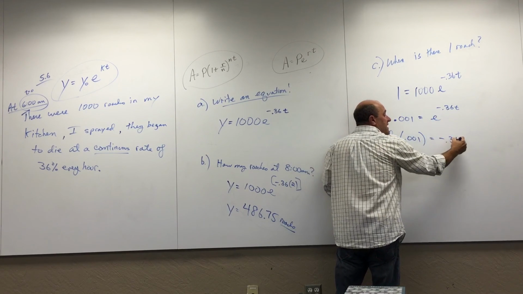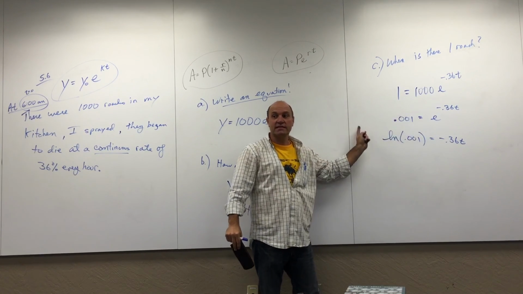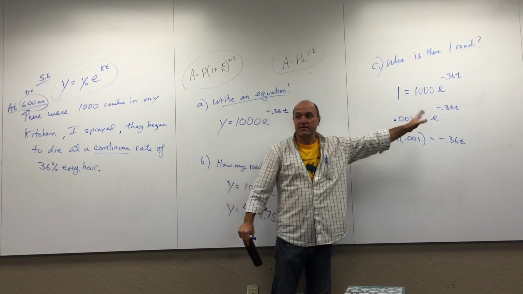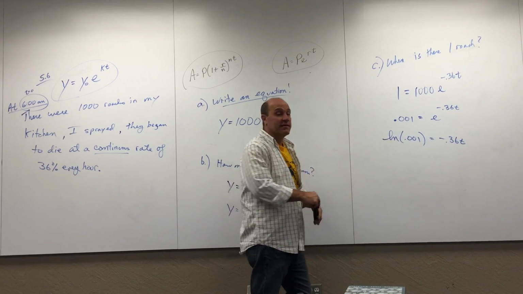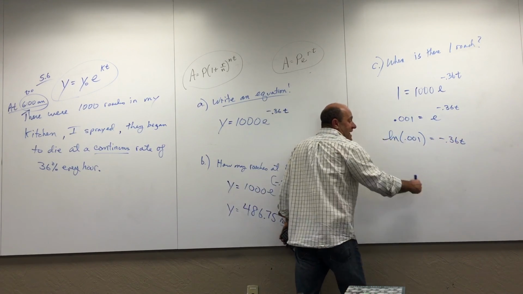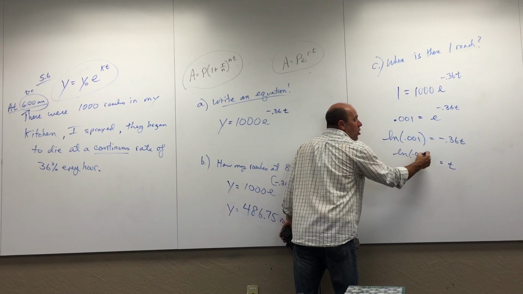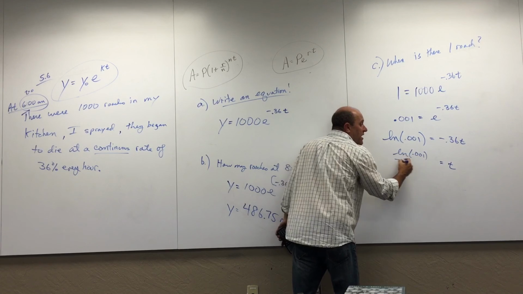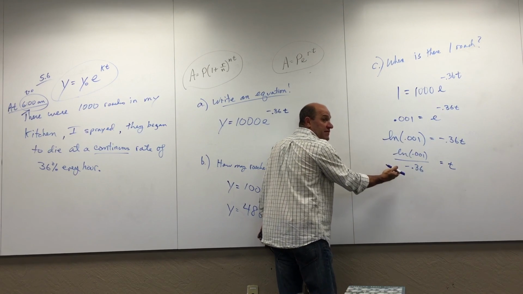It's going to leave me this. I did a natural log of both sides. On that side it killed the e, on this side it's sitting there. One more move to get t. Divide by that negative 0.36. When you do the natural log of 0.001, I think it's a negative number. And then when you divide by the negative 0.36, I think you'll get a positive answer.